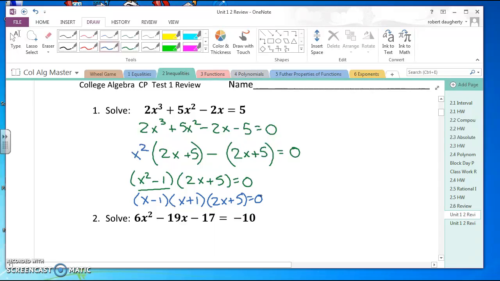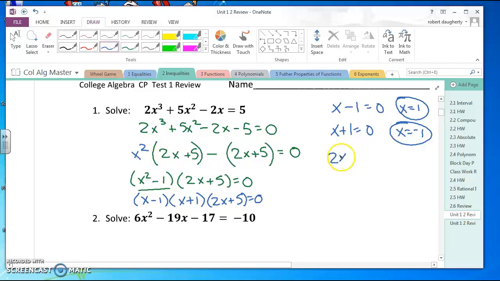Set each of those factors equal to 0. X minus 1 equals 0 means that x equals 1. X plus 1 equals 0 means that x equals minus 1. 2x plus 5 equals 0 means that x equals a negative 5 halves. Those are the 3 solutions.